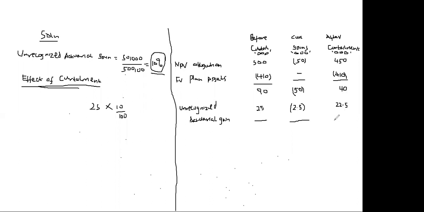Then you add this plus this, you get an amount. What will that give us? The first one, 90 plus 25, 115.